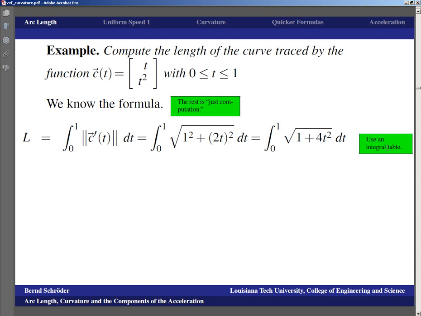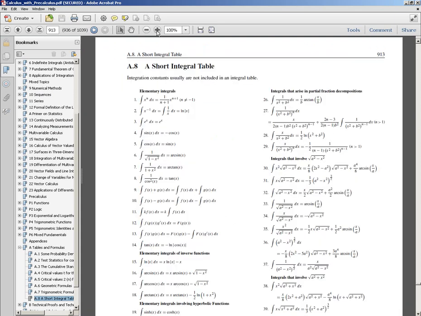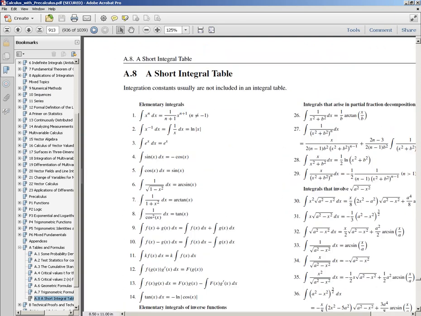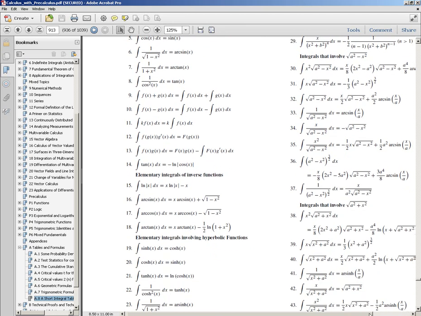But I would recommend to use an integral table. And if we use an integral table, well, here is one. It's a little bit tiny, but you may be able to see that this integral formula here is for the square root of x squared plus a squared. So we would go ahead and magnify a little bit and just work that out.